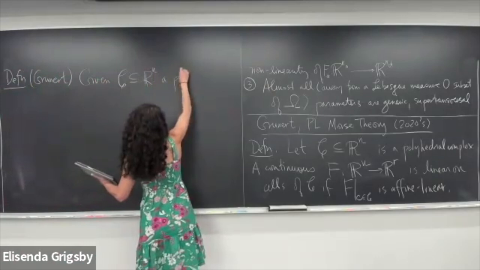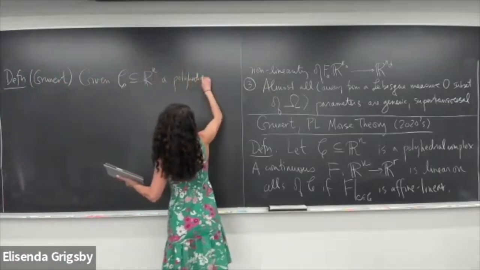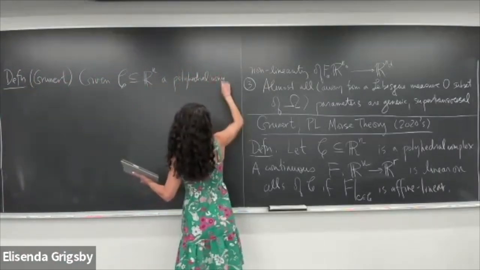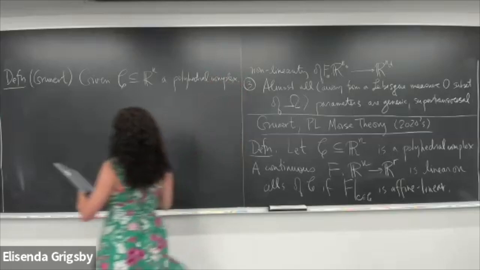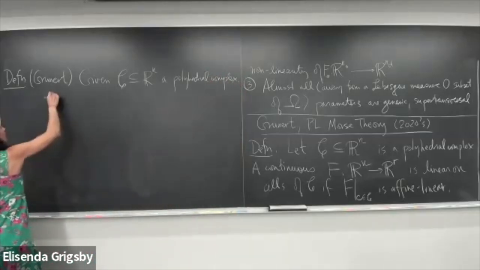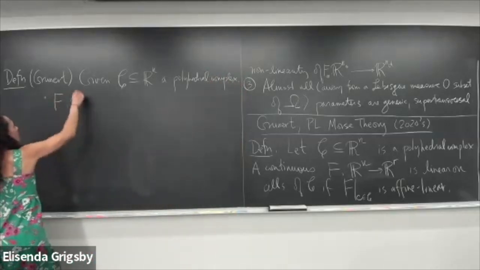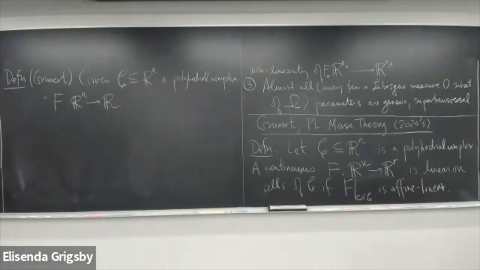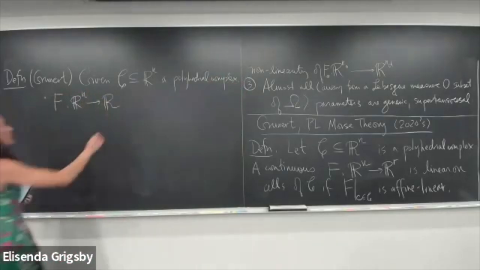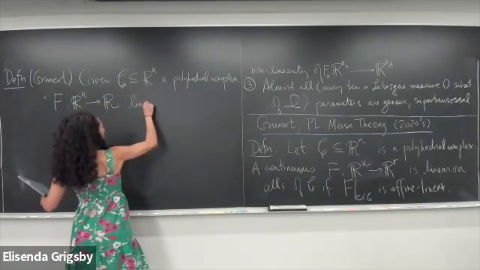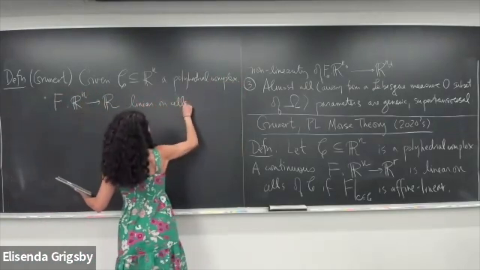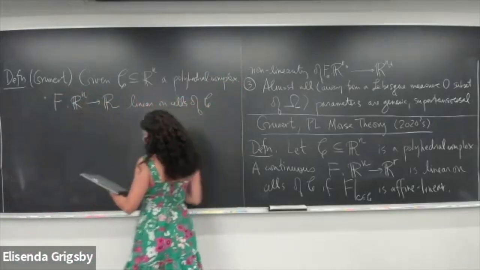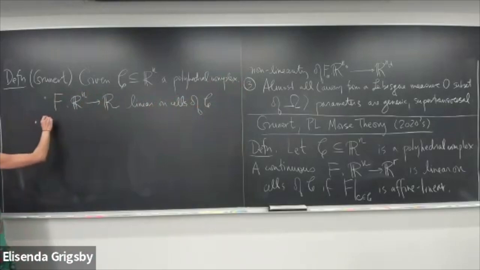Polyhedral complex C, and F from R^n to R^r linear on cells. And now suppose you have a polyhedral complex inside of the codomain.